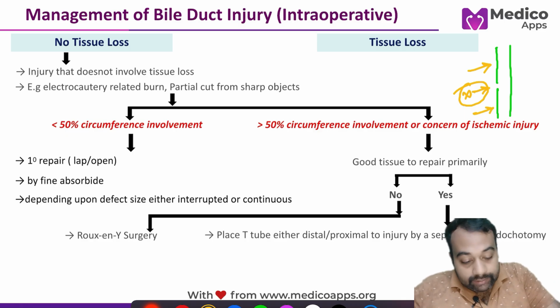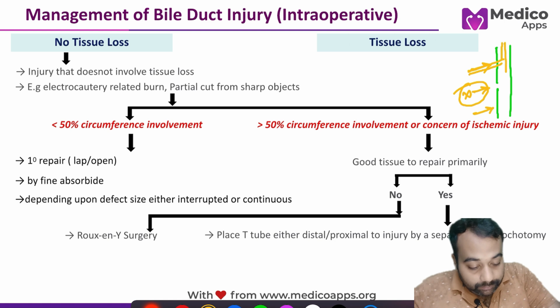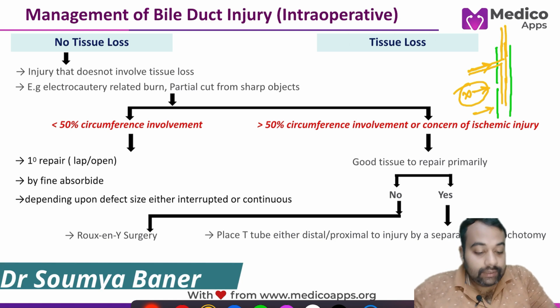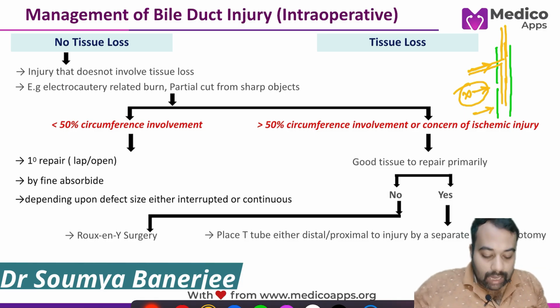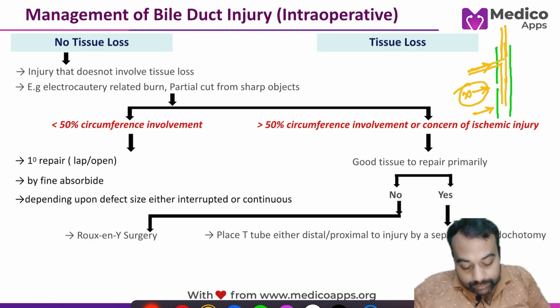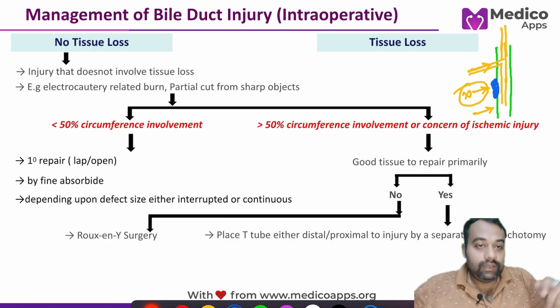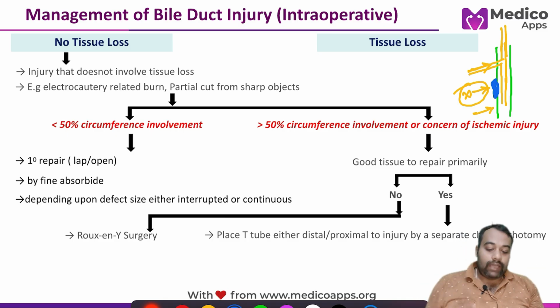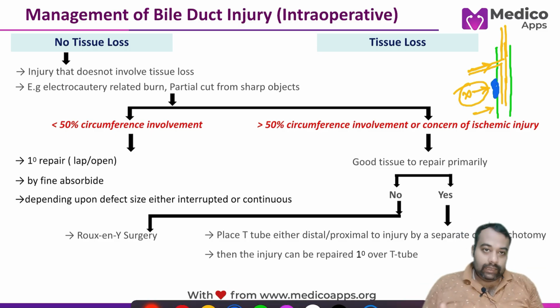Let's suppose we introduce the T tube from here. After introduction of the T tube, we try to repair the choledochotomy over the T tube. Okay, so this is how it is supposed to be done.